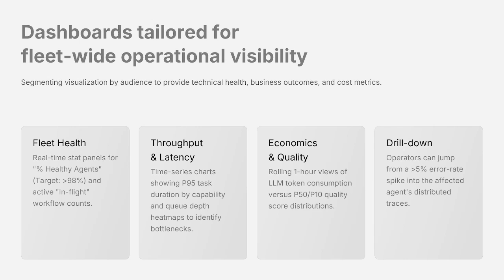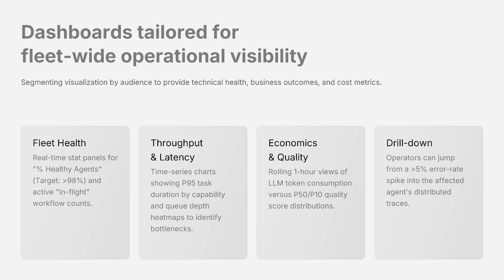So you can collect throughput and latency, and there you'll have real-time charts or time series charts to see how the agent is performing in real time using P95 task duration by capability. Then economics and quality. So a rolling 1-hour view of LLM token consumption versus P50 and P10 quality score distribution. So you can also visualize economics and quality by visualizing LLM token consumption.